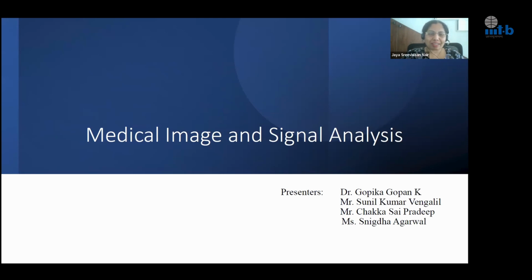Today we have with us Dr. Gopika Gopan, who is currently a postdoctoral researcher at IIIT Bangalore. She obtained her PhD from IIITB in 2020 on her thesis, EEG Time Series Classification and Analysis, and she was one of the recipients of the Best PhD Thesis Award at our convocation.